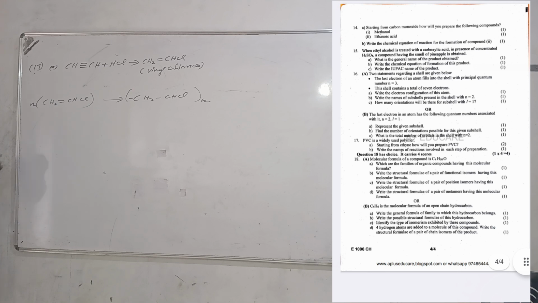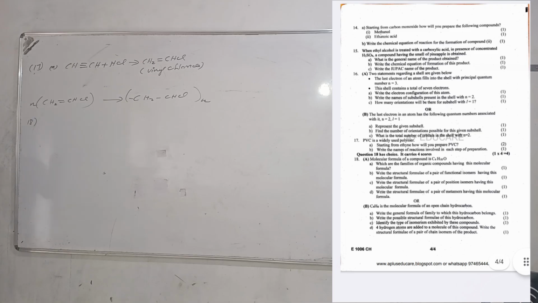And question number 18. The molecular formula of a compound is C4H10O. Which are the families of organic compounds having this molecular formula?